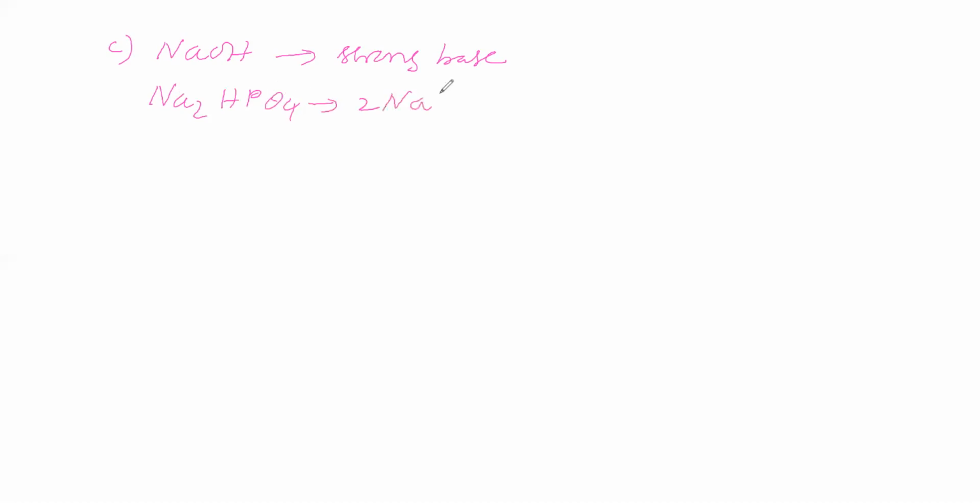On ionization it gives sodium ions and HPO4 2- ion. This HPO4 2- ion on further dissociation can donate H+ ions, and the anion is PO4 3-. Since it gives H+, it is acidic in nature, therefore this salt is an acidic salt.